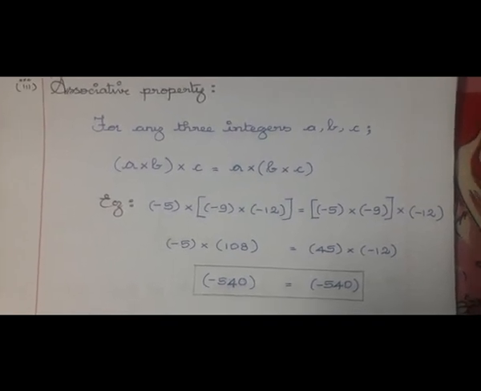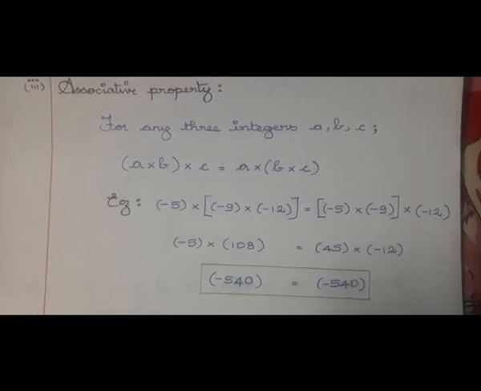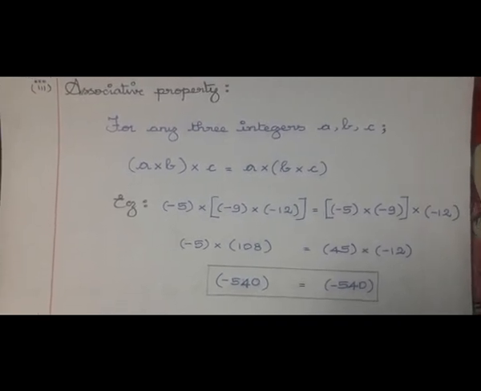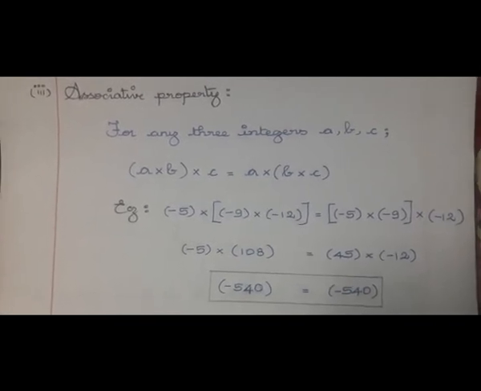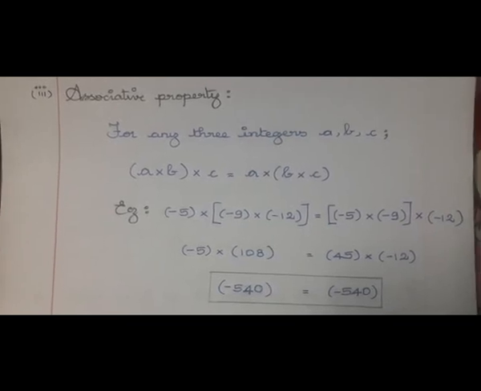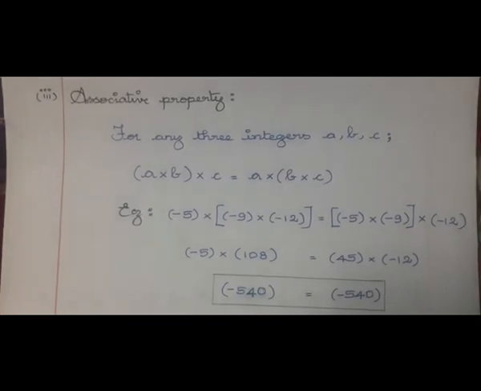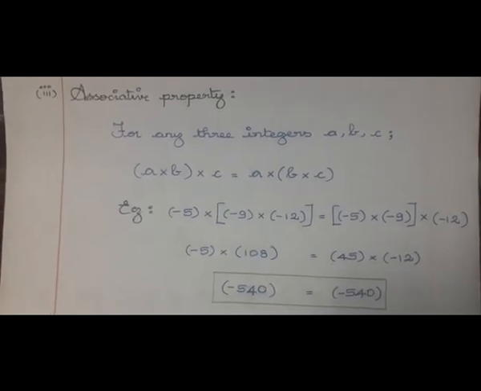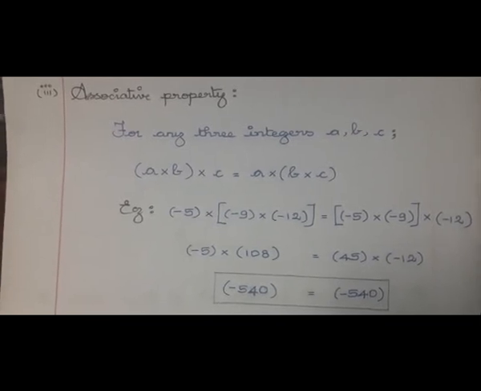So, when you solve the left hand side, -5 as it is, now first we have to do the multiplication inside the brackets, because we already learned in our lower sections that first we have to go with the concept of BODMAS, that is brackets, of, division, multiplication, addition, then subtraction. So, first we have to go with multiplication of the integers inside the bracket.